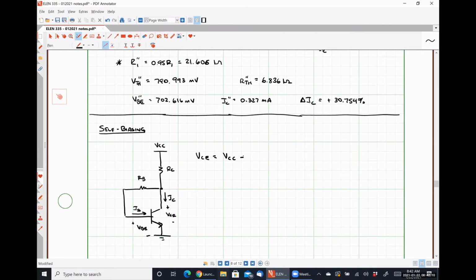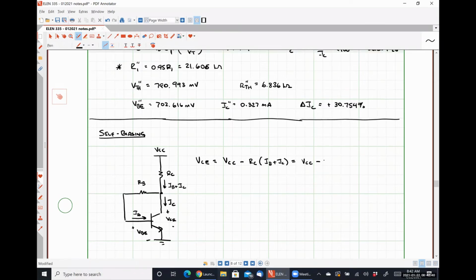So if we do Kirchhoff's current law at the node where the resistors are connected together, we have IB flowing out to the left, IC flowing down. So this current must be IB plus IC. This is then the same as VCC minus RC times 1 plus 1 over beta times IC.